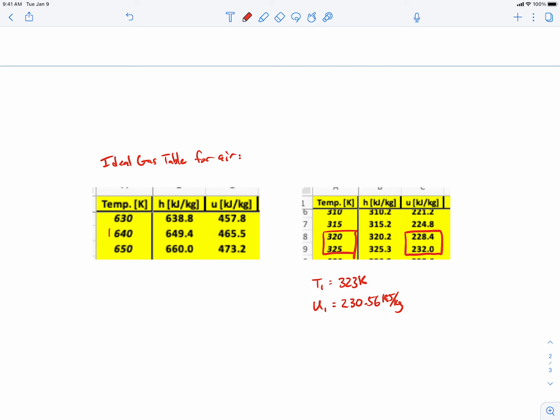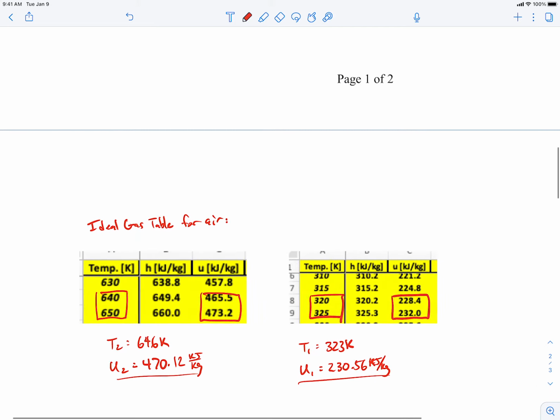The other one was T2 was 646 Kelvin. So that specific internal energy will be between those two values. And then again, if you do the linear interpolation, that comes out to be 470.12 kilojoules per kilogram. So now we have our U2 and our U1.